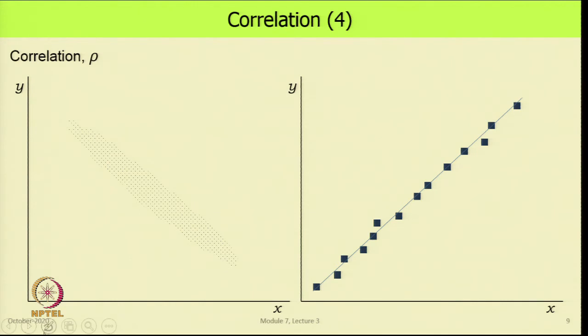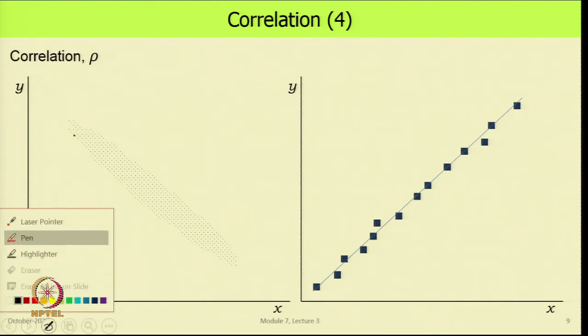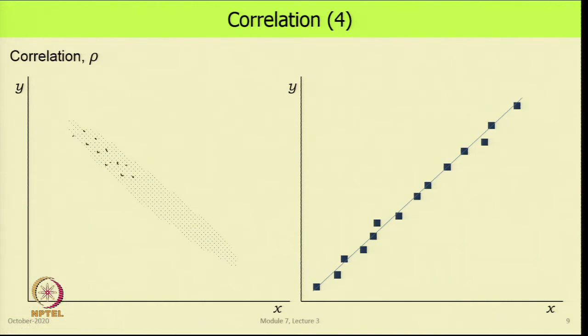Here is an example where you have points over here, and they are well correlated, that is one thing we see, and what it tells us is that as x increases, y is decreasing. So, this is an example of a negative correlation.